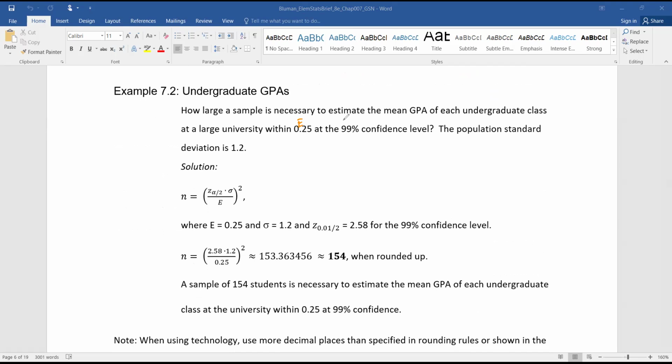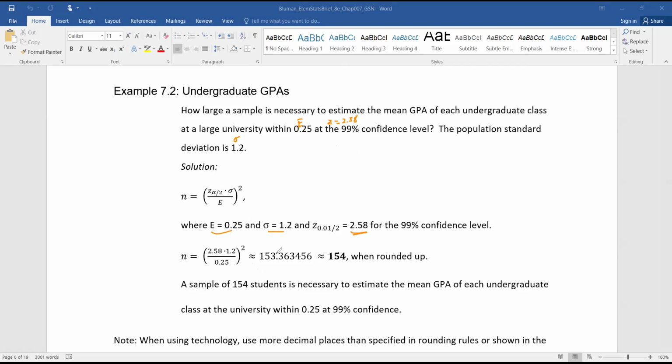That means your z-score for 99 was 2.58. So this is your z-score and the population standard deviation of sigma. Once you know exactly what you're looking for, you can then plug it in. So you can see here, E is the 0.25, the sigma is 1.2. Again, this is part of our table that we're going to memorize, 2.58.